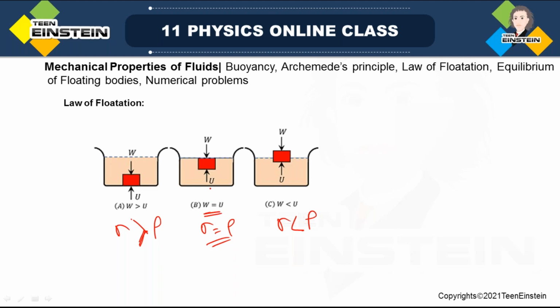As you see, this is W equal to U, this is W less than U, and this is W greater than U. So these are the conditions. When these two are equal, the object will be fully immersed, but it will float. It will not sink, it will float, but the whole object will be inside the water or liquid. So this is about the law of flotation.